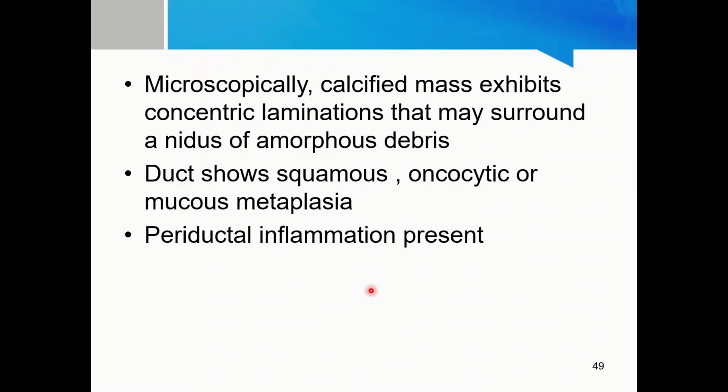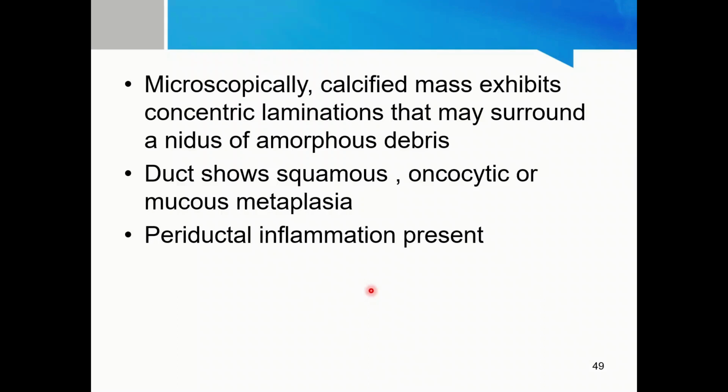Remember that initially there will be a central nidus, and the nidus could be anything like hardened mucus. It could be bacteria, it could be desquamated epithelium, it could be debris around which the calcium will accumulate and form laminations, and slowly it can fill up the whole of the duct.